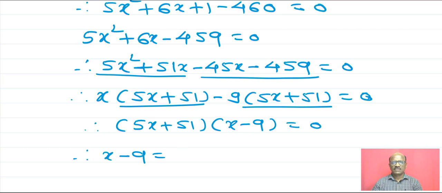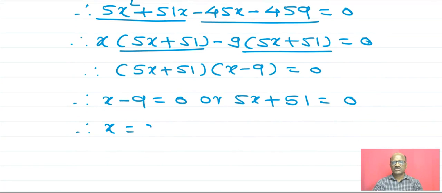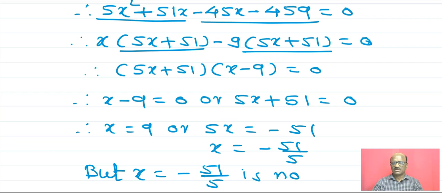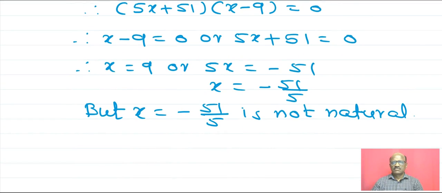Therefore, x minus 9 equals 0 or 5x plus 51 equals 0. Therefore, x is equal to 9 or 5x is equal to minus 51. Therefore, x is equal to minus 51 upon 5. But x equal to minus 51 upon 5 is not possible, as it is not a natural number. Therefore, x is equal to 9.